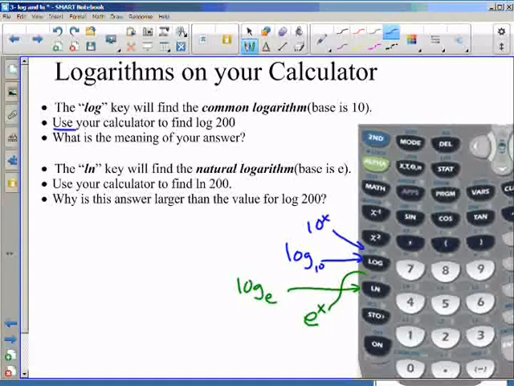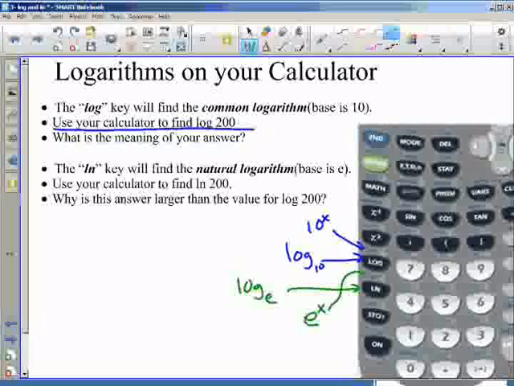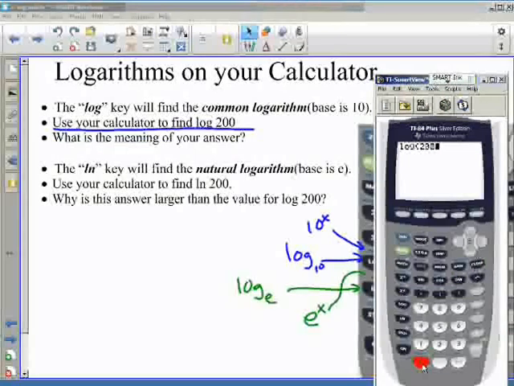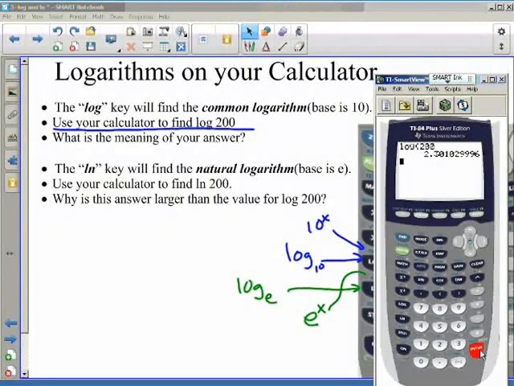And now if we want to use our calculator to find the log of 200 just to see what it looks like, we can take the log button, type in 200. What this is giving us is what exponent 10 is raised to get to 200. And we can check this by doing 10 raised to the answer we got.